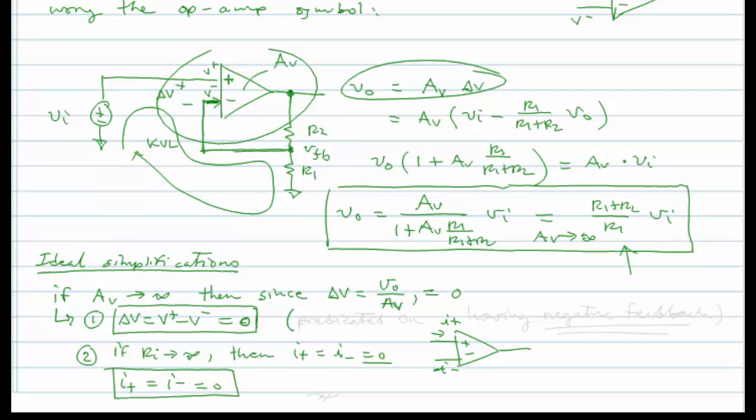This is predicated on having negative feedback. And this is one of the kind of tricky subtle points about op amps.